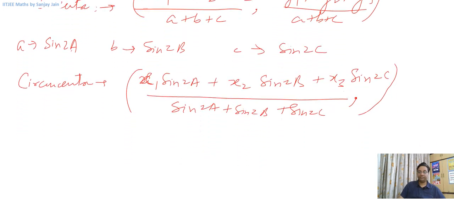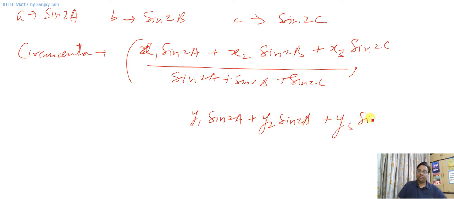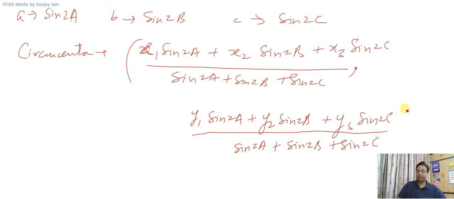Let me make some space here. To write the y coordinate, I can write it like this: y1 sine 2a plus y2 sine 2b plus y3 sine 2c divided by sine 2a plus sine 2b plus sine 2c.